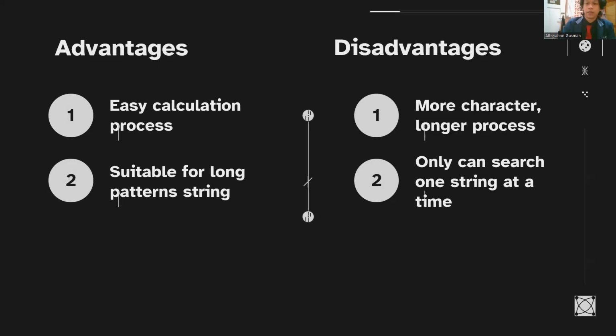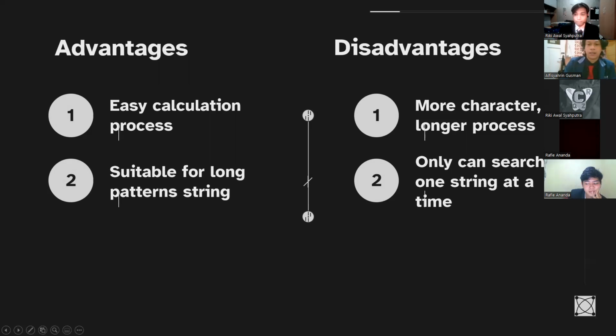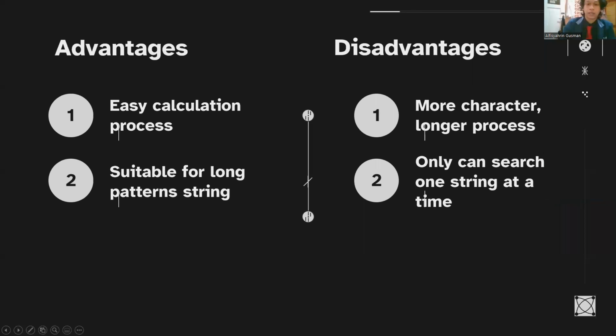And the disadvantage of the Rabin Karp algorithm is that more characters means a longer process. That means the more characters we input, the longer it will take to find the pattern. And the last is that it can only search one string at one time. So we hope it can search more than one string at the same time.